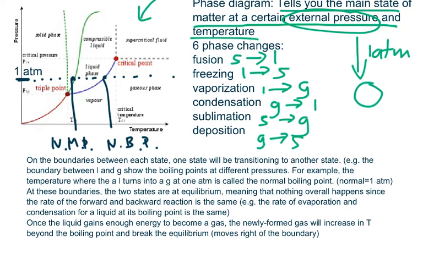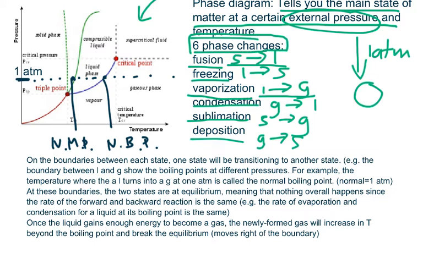So the 6 phase changes that we have to learn or remember are fusion, which is solid to liquid, freezing, which is the opposite of fusion, vaporization, from a liquid to a gas, condensation, the opposite of vaporization, sublimation, the transition from a solid to a gas, and deposition, or the opposite of sublimation.